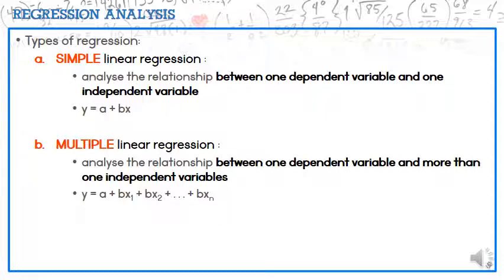Okay, so for the types of regression line, we have simple linear regression and also multiple linear regression. Since we are looking at the chapter for bivariate analysis, we are going to focus on simple linear regression, where in simple linear regression analysis, we analyze the relationship between one dependent and one independent variable only.